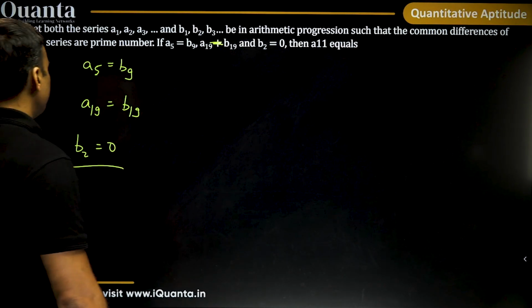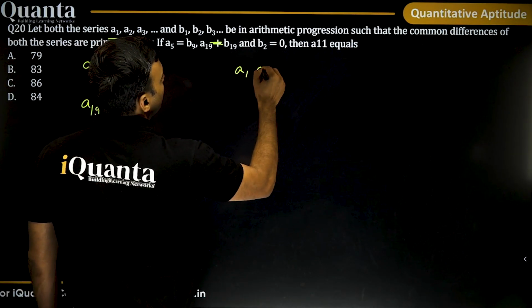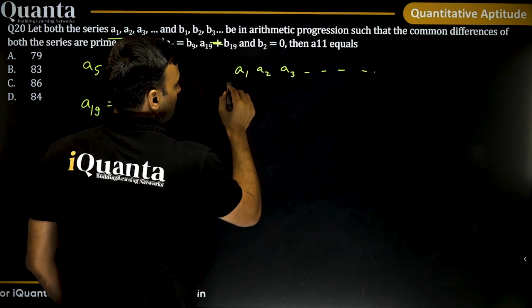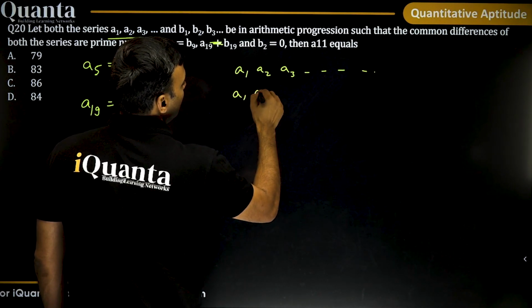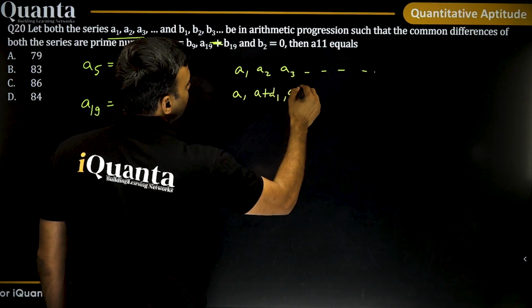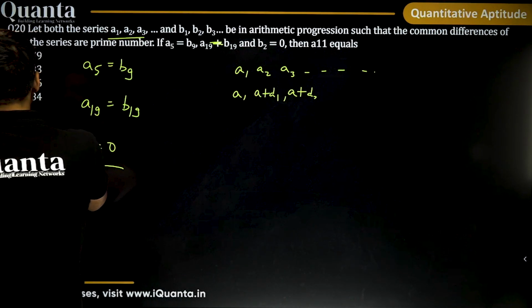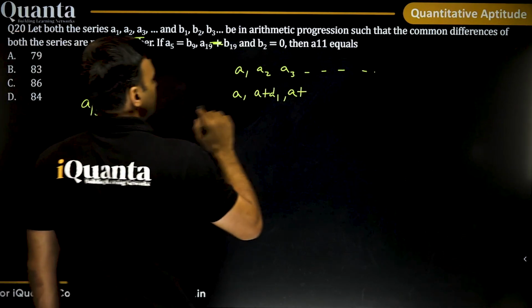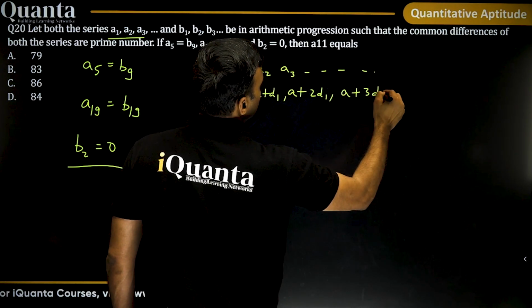So what should we do? Let's assume for the first series, A1, A2, A3, that the first term is A and the common difference is D1. So A plus D1, A plus 2D1, A plus 3D1 and so on.